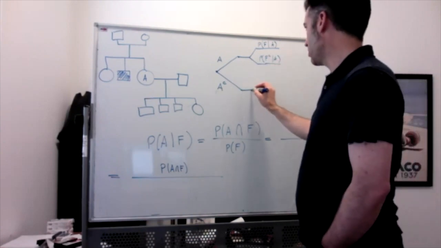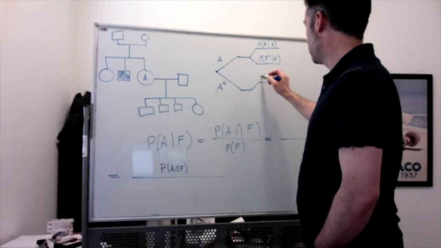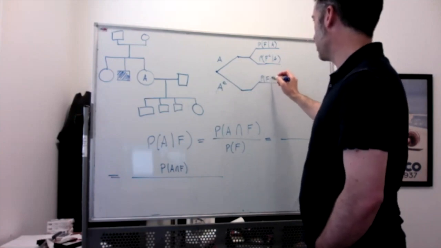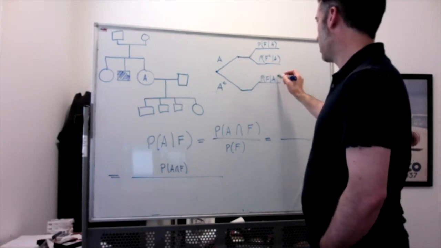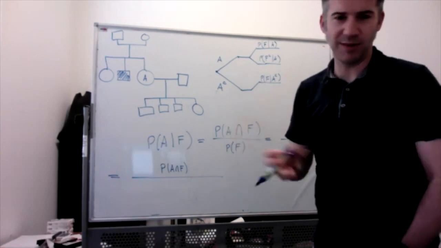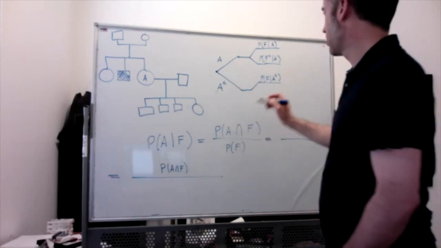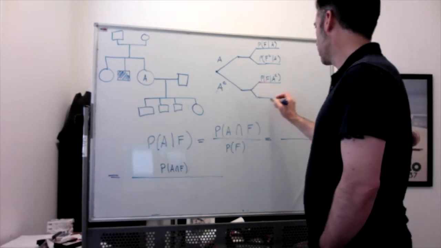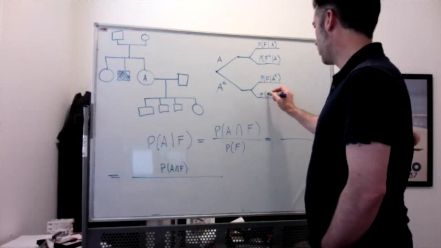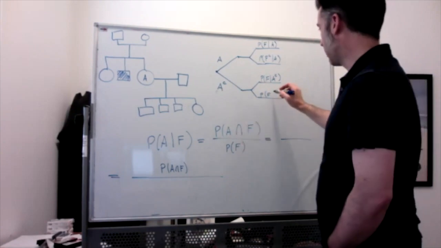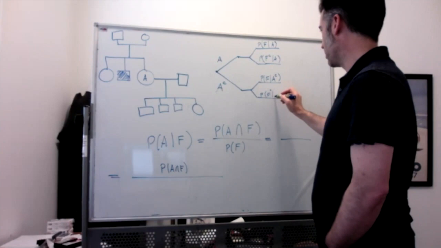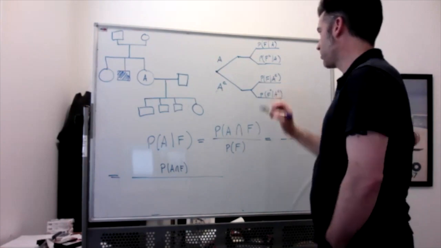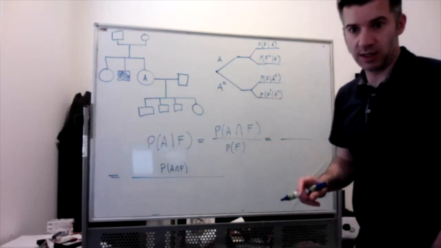And over here, same deal: probability that all 3 sons are healthy, given that the mom is not a carrier, or the probability that all 3 sons are not healthy, given that the mom is not a carrier. I kept saying has hemophilia, I meant is a carrier. So let's see what we've got.